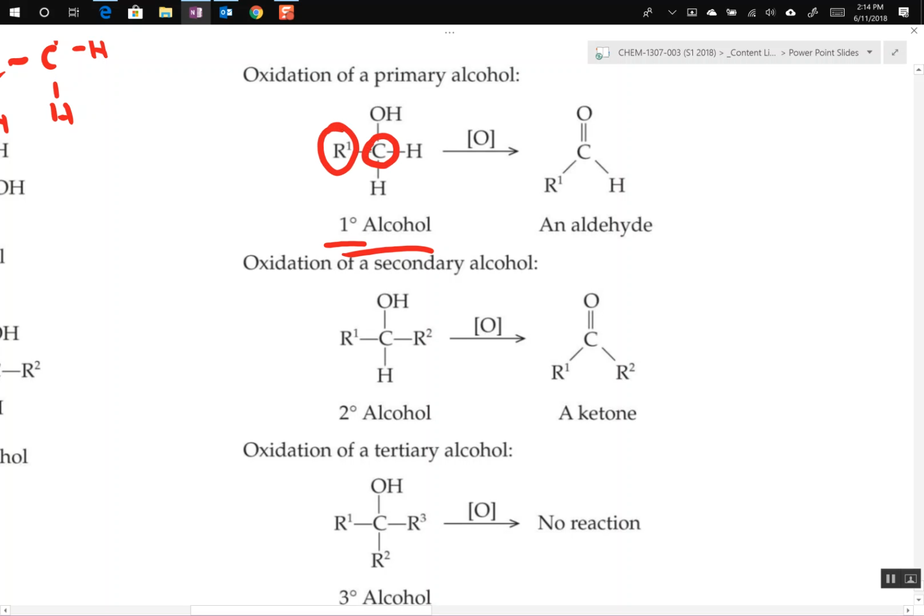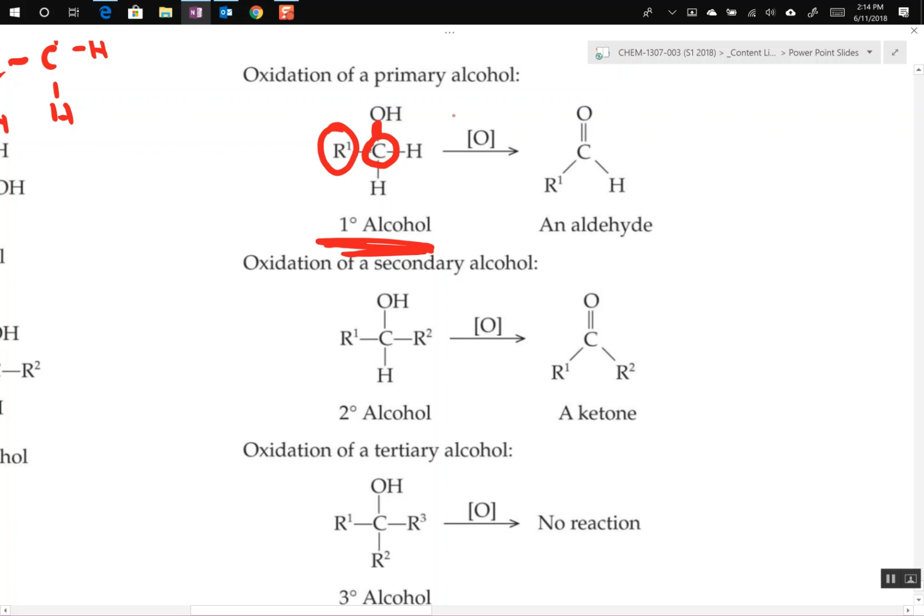One in the R group, right? That makes it a primary carbon, which is true. It's a terminal carbon with the OH. The OH is attached to that terminal carbon there. So that's a primary alcohol.